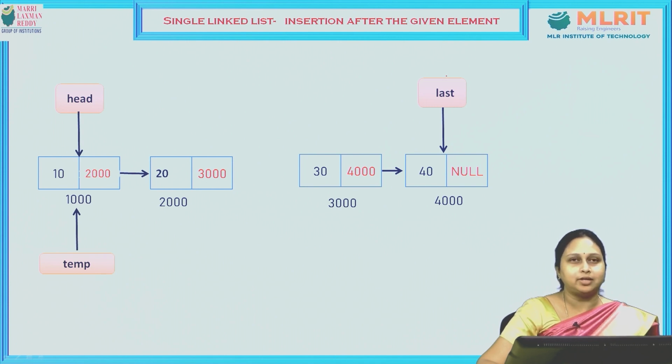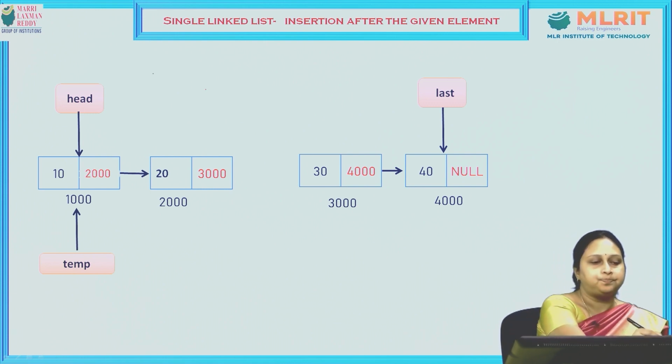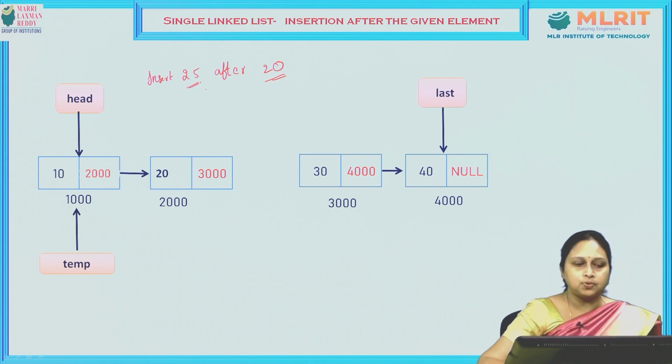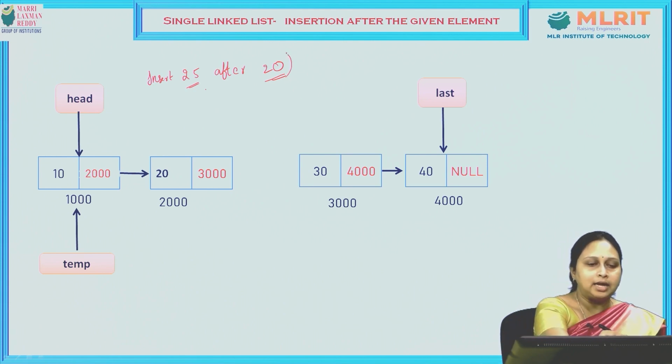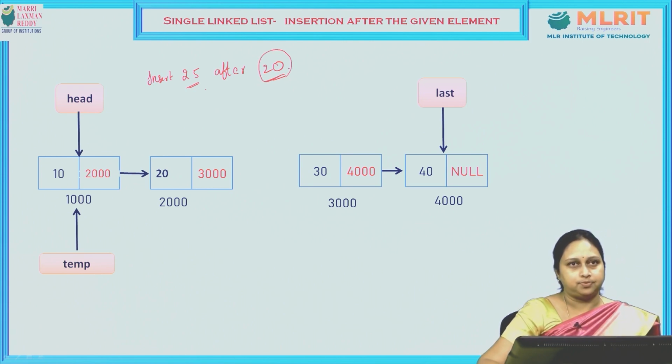That means we are going to insert a new node after the given element. Consider I am going to insert 25 after 20. 25 is a new element which will be placed in the new node, and after the 20 element I want to insert it, right?